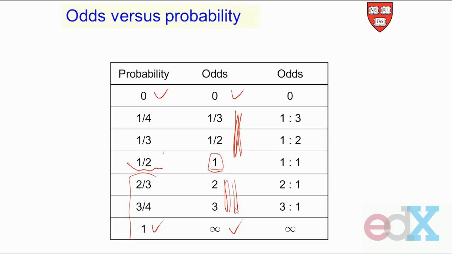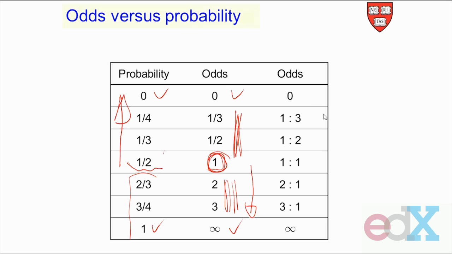Less than a half, then the probability of an event happening is less than the probability of the event not happening. And what that translates to in odds terms is that the odds are less than 1 when the probability is less than a half. And the odds are equal to 1 when the probability is a half. And then it's bigger than 1 when the probability is bigger than a half.